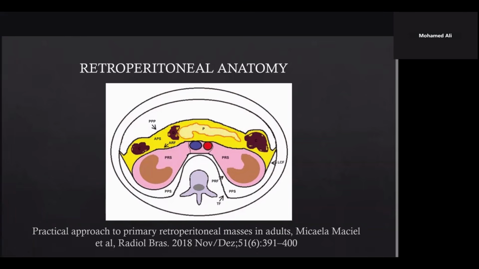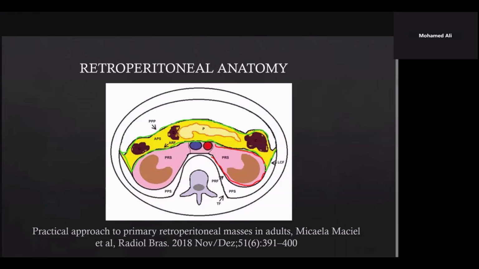Let's review our retroperitoneal anatomy again. This is the anterior pararenal space, and this is the perirenal space, and this is the posterior pararenal space. The anterior pararenal space is bounded anteriorly by the posterior parietal peritoneal layer, while posteriorly it is bounded by the anterior renal fascia, and laterally it is bounded by the lateral conal fascia, while the perirenal space is bounded anteriorly by the anterior renal fascia and posteriorly by the posterior renal fascia.